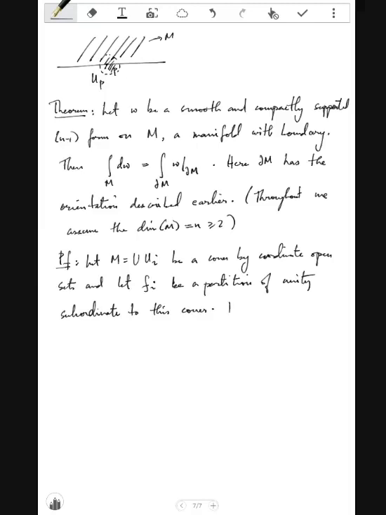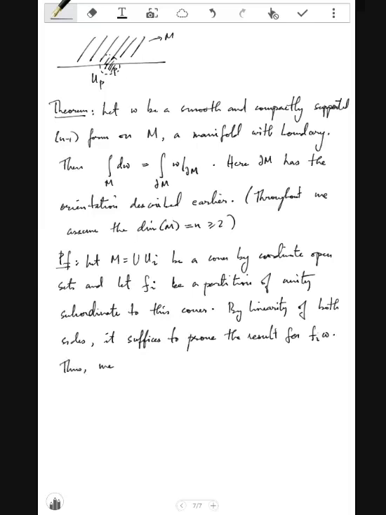So by linearity of both sides, it suffices to prove the result for Fi times omega.